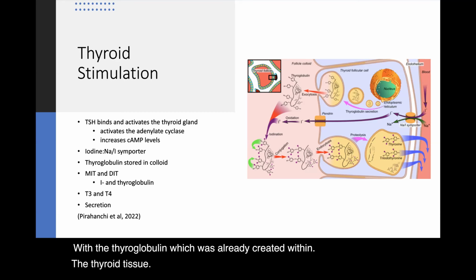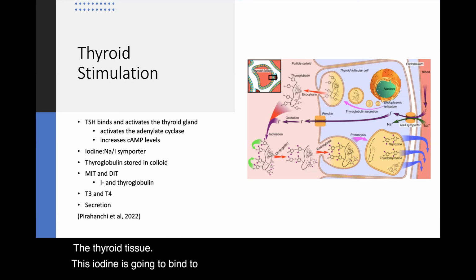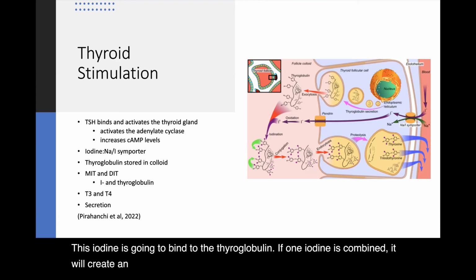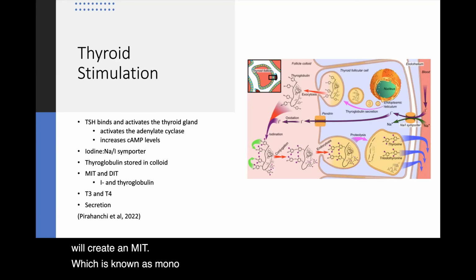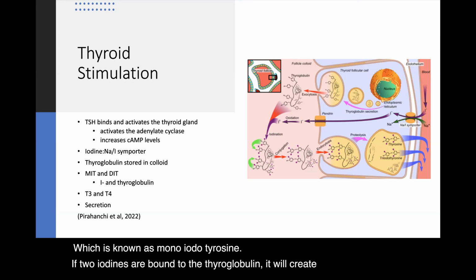This iodine is going to bind to the thyroglobulin. If one iodine is combined, it will create an MIT, which is known as monoiodotyrosine. If two iodines are bound to the thyroglobulin, it will create DIT, which is diiodotyrosine.